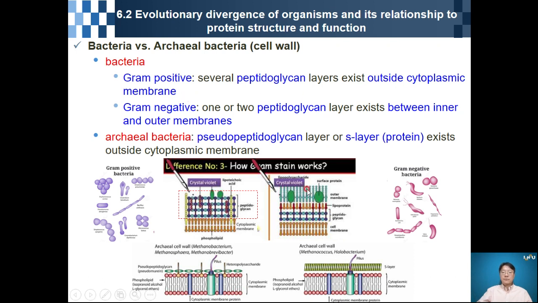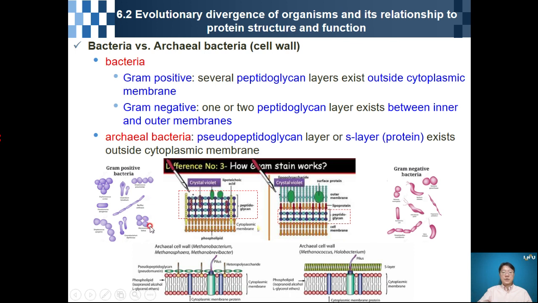How about the gram-negative bacteria? One or two peptidoglycan layers exist between the inner and outer membrane. That's why, if we do crystal violet staining, crystal violet can stain the peptidoglycan layer, and also the space proteins, so the color will be crystal violet like this.